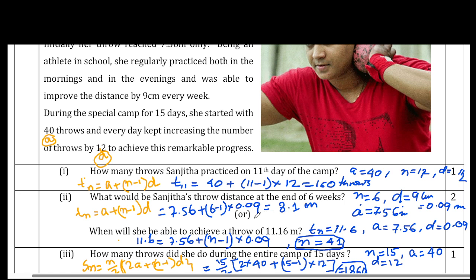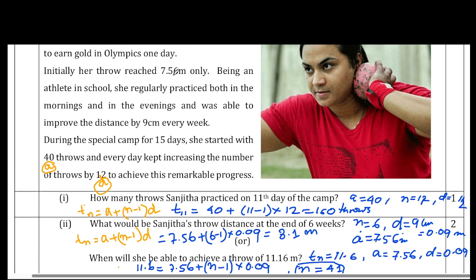What would be Sanjita's throw distance at the end of 6 weeks? It is again an nth term question. In the school practice, 6 weeks, so n is given as 6. The first distance was 7.56, that was our a.